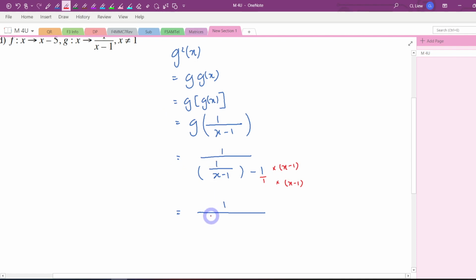So this is 1 over x minus 1 minus x minus 1 over x minus 1. I just changed the way of writing 1; I cannot change the value. So 1 is actually equal to x minus 1 over x minus 1. Now the next step, you need to be extra careful.